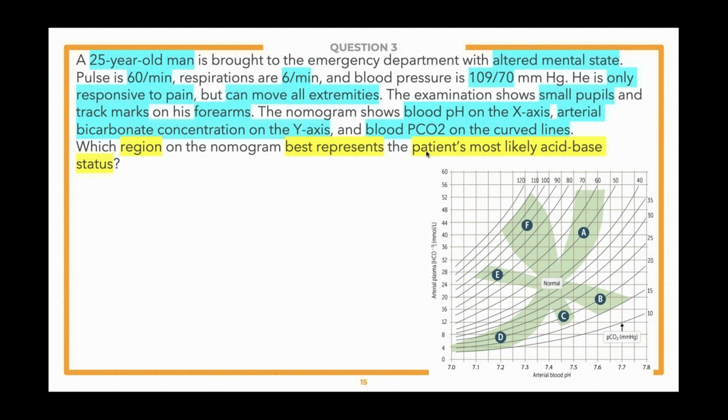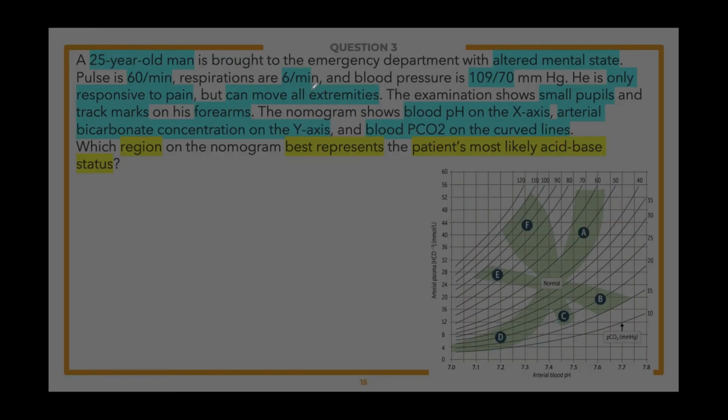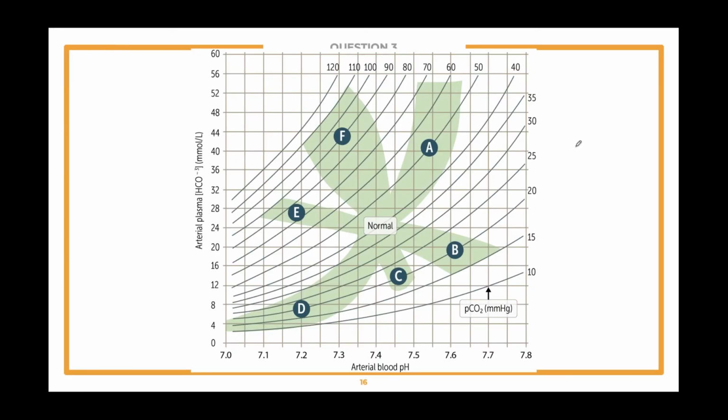We see that there are 6 regions on the nomogram, but for purposes today, we have 5, and actually we'll keep this here for a few seconds so you can get a closer look at those axes and the curves and what those mean.